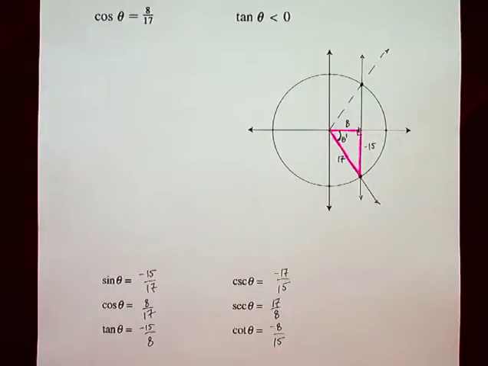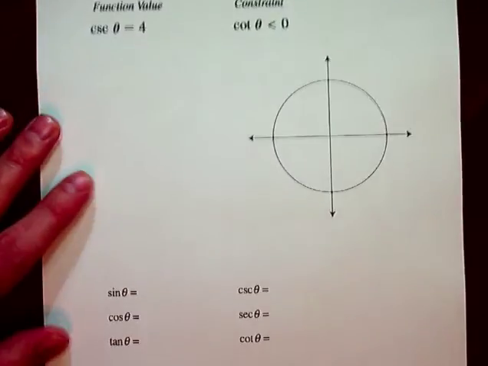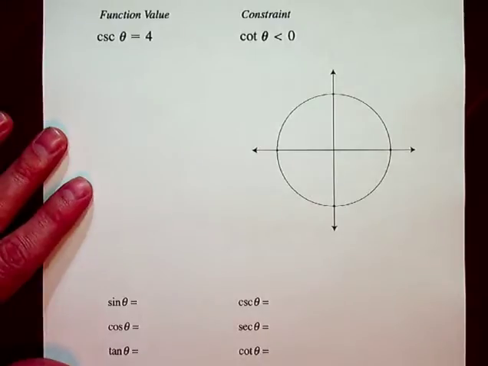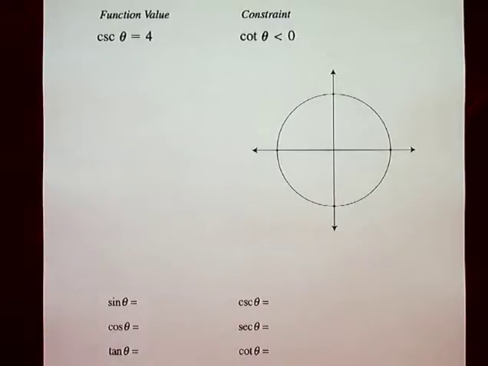Okay, let's go ahead and let's look at another one. We noticed right here that we have cosecant is equal to 4. Well, cosecant is equal to 4. That's all well and good, but what that really means is, here's the thing. We are used to dealing with sine, cosine, and tangent.